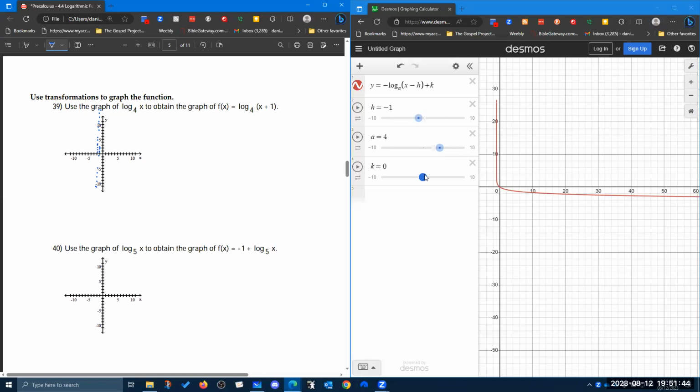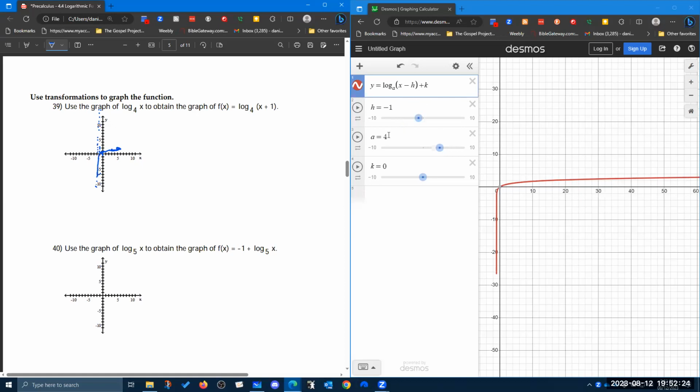We're going to go through the point (0, 0). We're going to go through the point (3, 1). That's the only other point I can go through. So it's going to level off like that.